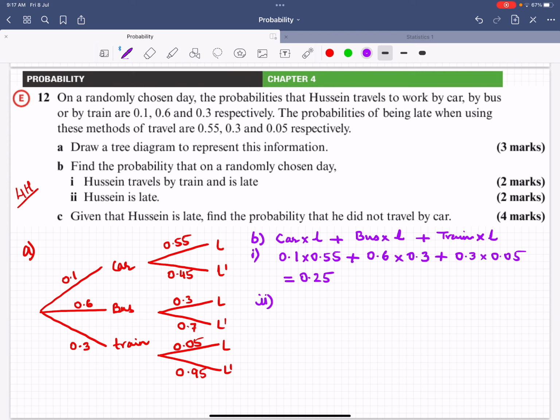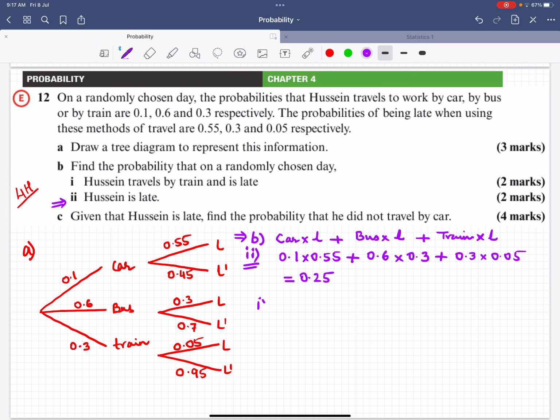Find the probability that Hussein travels by train and is late. Okay, so I've made a mistake here. This was actually B2 that I have answered here. B2 was Hussein is late in general, so that is the one that I have answered here.